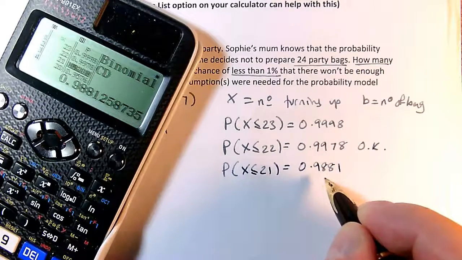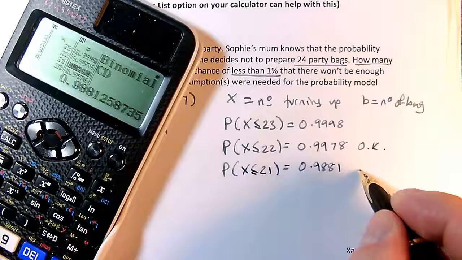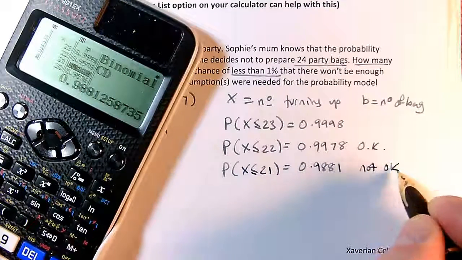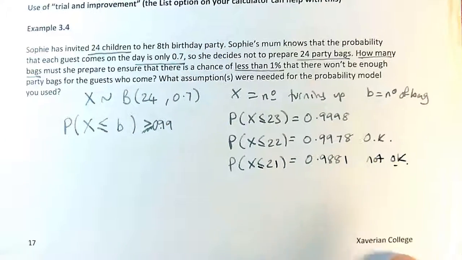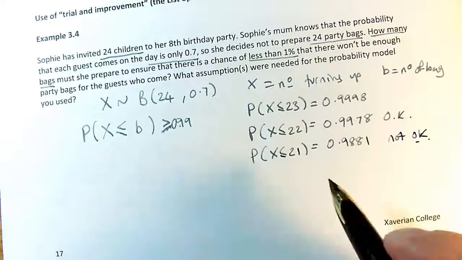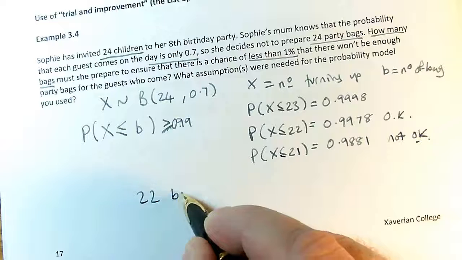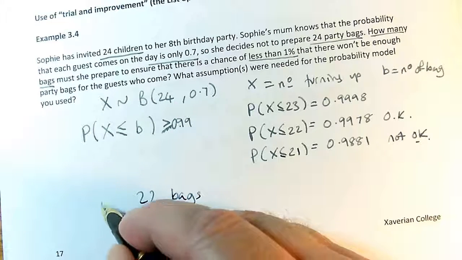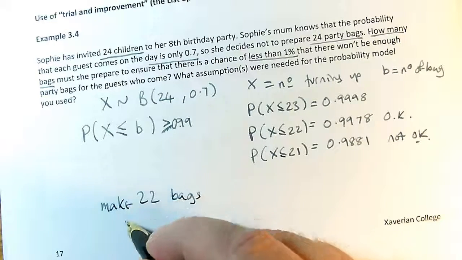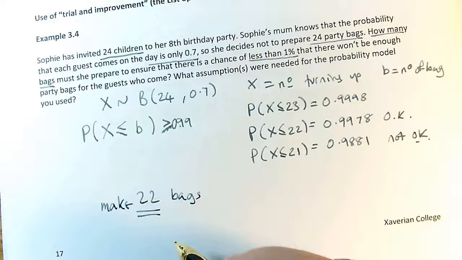Now that is less than 99%. So this is not okay. So therefore, the smallest number of bags that she can get away with this 1% probability is 22 bags. So we're going to say make 22 bags, and that's our answer.